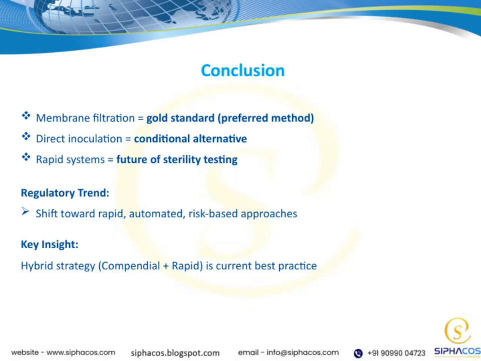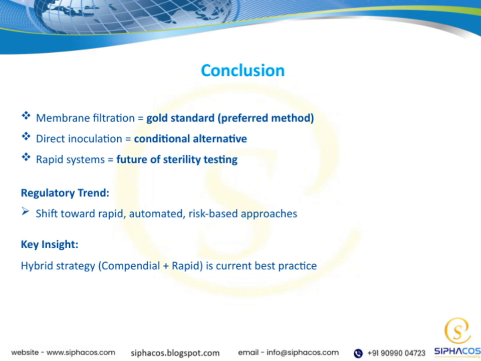So, in conclusion, membrane filtration remains the gold standard and the preferred method for sterility testing because of its reliability and widespread acceptance. However, direct inoculation is still a conditional alternative, especially in situations where membrane filtration might not be feasible or optimal. Looking ahead, rapid systems are emerging as the future of sterility testing, offering faster results and improved efficiency.